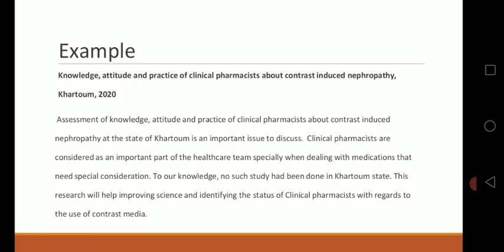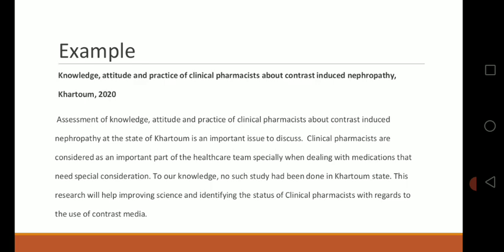In this study we describe the justification of the research as follows. We said that assessment of knowledge, attitude, and practice of clinical pharmacists about contrast-induced nephropathy at the state of Khartoum is an important issue to discuss.